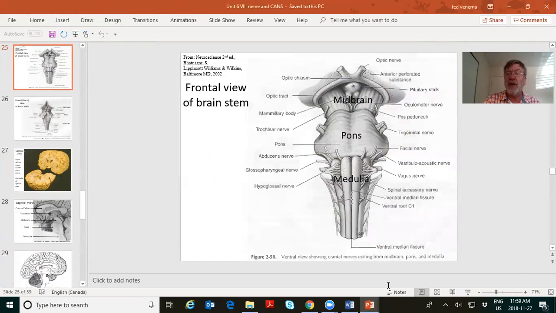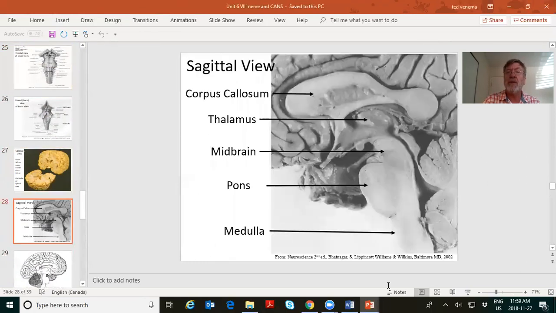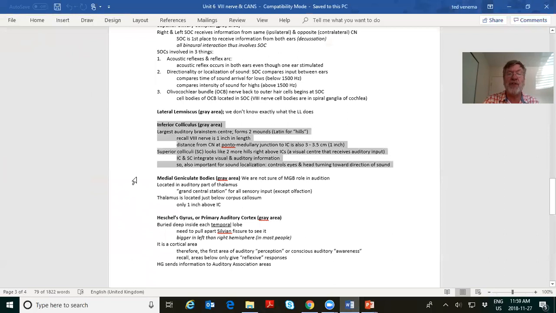And what lies above? Here's a sagittal cut. You're looking at medulla, pons, midbrain, and above that is the thalamus. And the thalamus is the grand central train station for all sensory information.